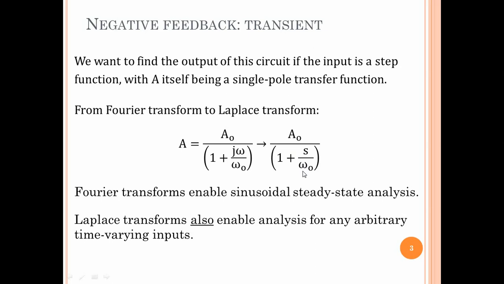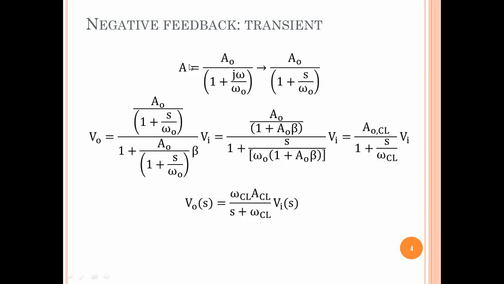Okay, so let's see the mathematics. This is the same equation I've written here. What we do is substitute this A in our A over 1 plus A beta. This for j omega we did in the first of this series of lectures also. So we take the 1 plus s over omega naught down, and then we get 1 plus s over omega naught plus A0 beta.